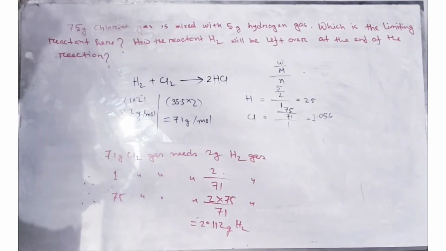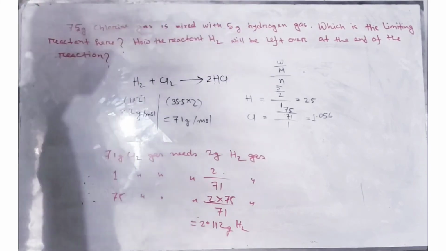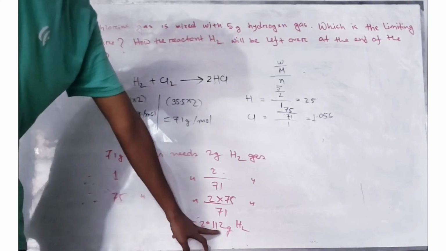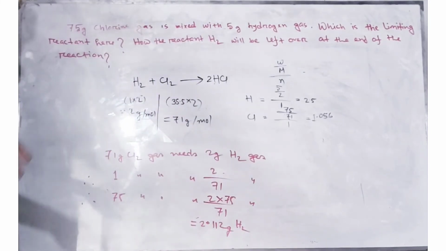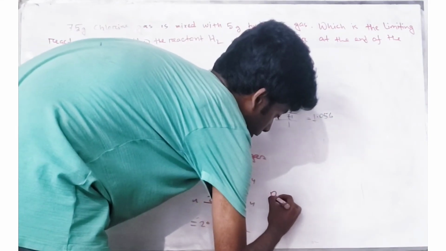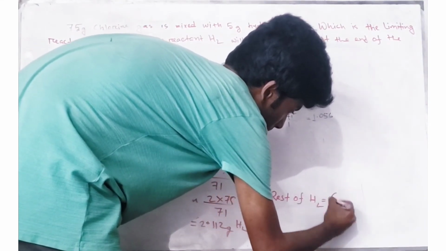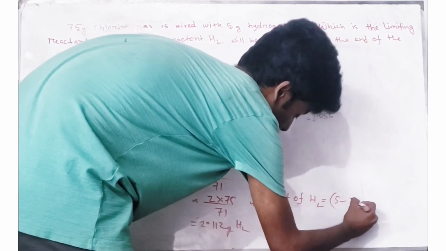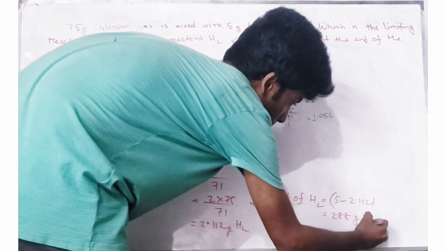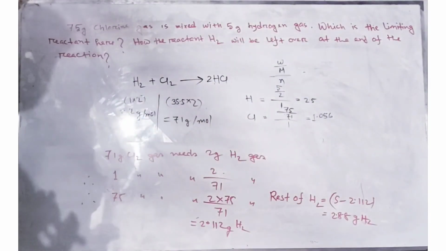As we are given 5 gram, but the chemical equation needs 2.112 gram, the rest of the hydrogen gas is 5 minus 2.112, which is 2.88 gram hydrogen gas remaining here. So this is the answer.